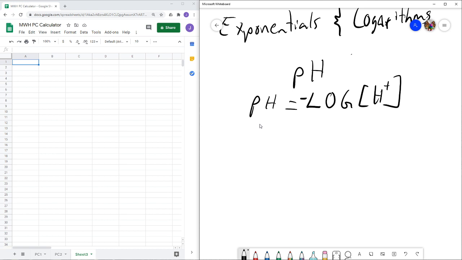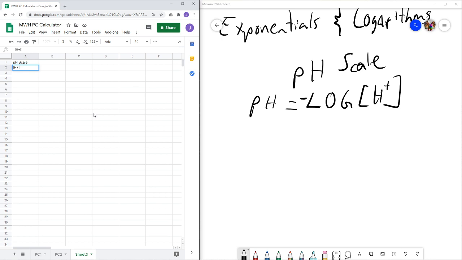We can start with our sheet here. I'm going to title this pH scale, why not? Our input is going to be the molarity of hydrogen, so we'll just do H plus.